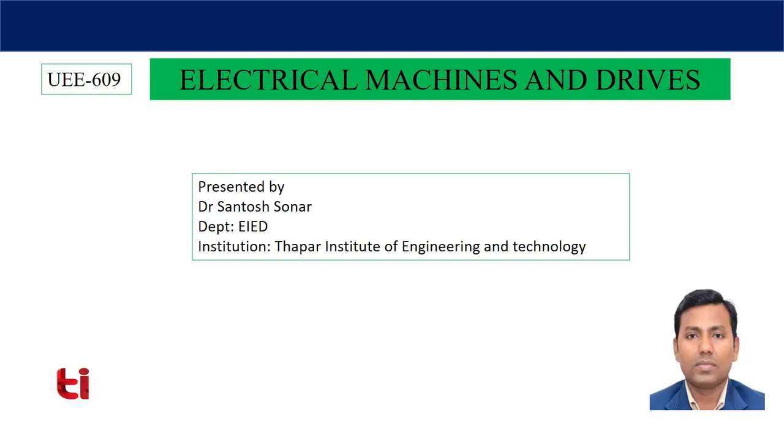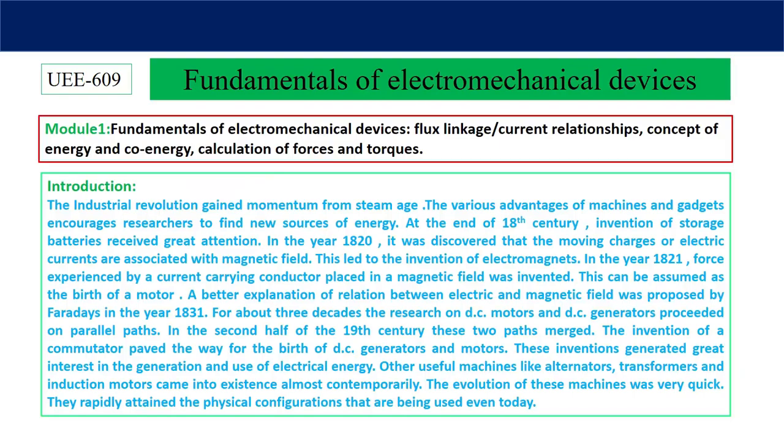So let's start. Before starting those things, let's discuss a little bit of the history of this electromechanical system. Initially, the industrial revolution gained momentum from the steam age. The various advantages of machines and gadgets encouraged researchers to find new sources of energy. Still, nowadays also we are searching for new sources of energy.